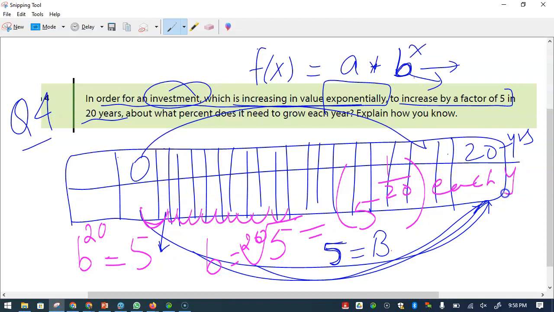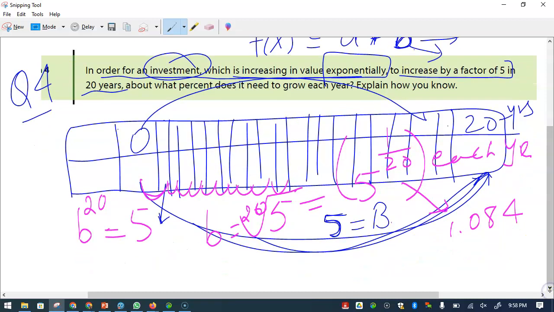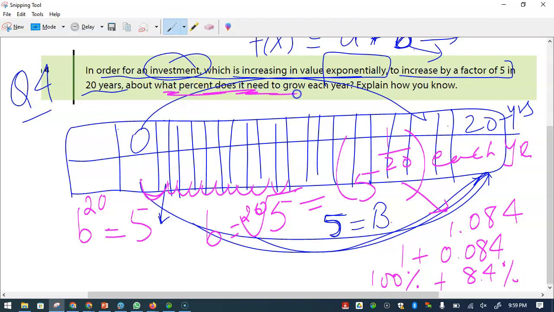Now if you use the calculator, you end up getting 1.084. You can check that. What that means is it is 1 plus 0.084. It means it is 100% plus 8.4%. So the question is, what percent does it need to grow each year?